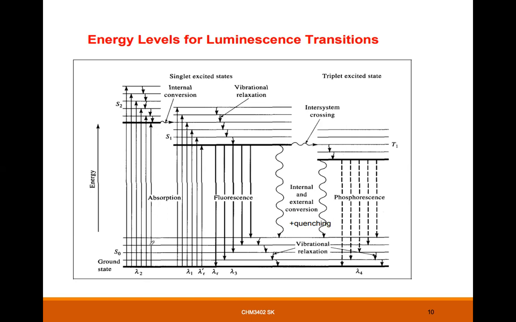It's easier to understand that the first step is the electron receives energy and is excited from S0, the ground state, into higher electronic excited states. It can happen that the electron will do internal conversion.